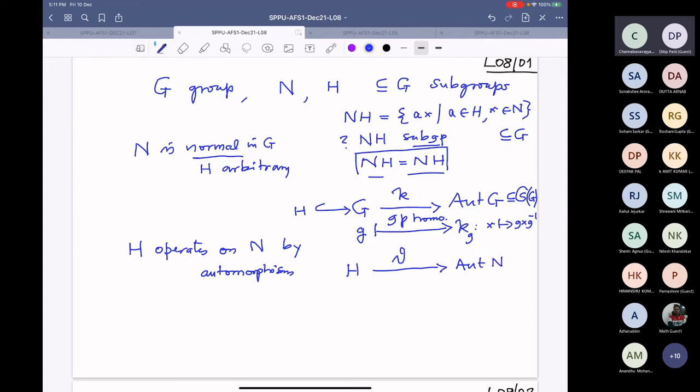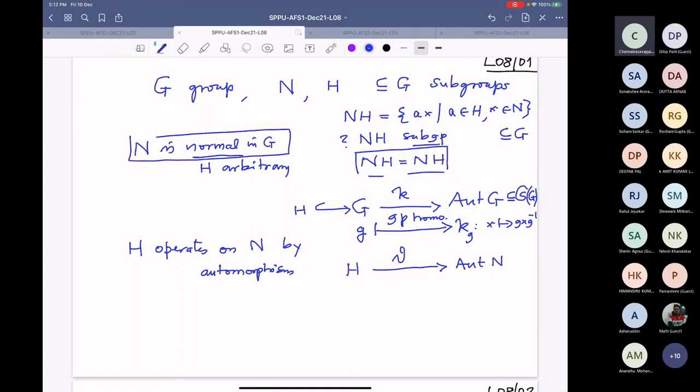So this kappa g, when g is in H, and if you take x in N, it will go inside N, and that will be an automorphism of N. Therefore this condition, N normal in G, got translated into this: H operates on N by automorphisms. See, this adjective usually comes because they are not arbitrary permutations, but the permutations themselves are group homomorphisms. That is why this adjective.